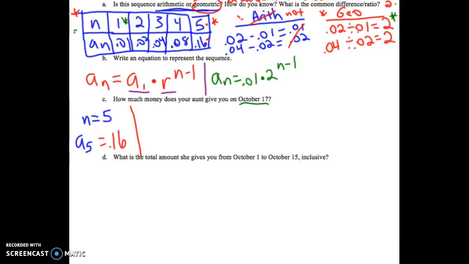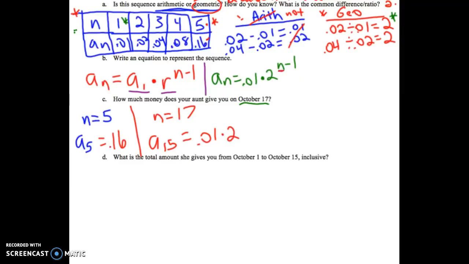But in order to find the 17th term, I'm going to write n equals 17, and a sub, not n anymore, a sub 17 is going to be 0.01 times 2 raised to the... Now, the explicit formula is just a function. Anytime you're trying to evaluate a number, an input, 17 is the input, the output is the answer you get. 17 is the x, the output is the y.